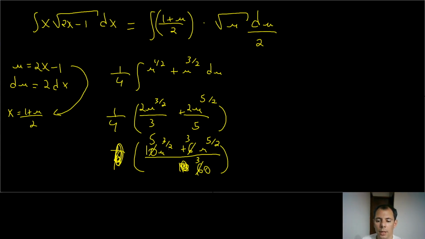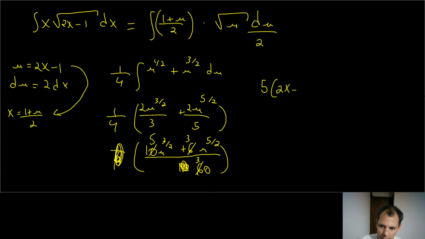Oh yeah, I forgot to back substitute. So you have to back substitute. You have 5 times u, what is u? 2x minus 1.